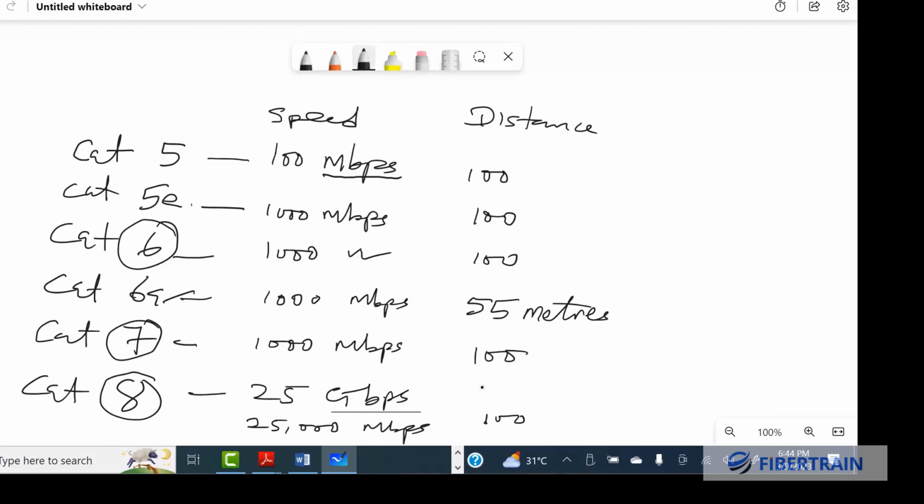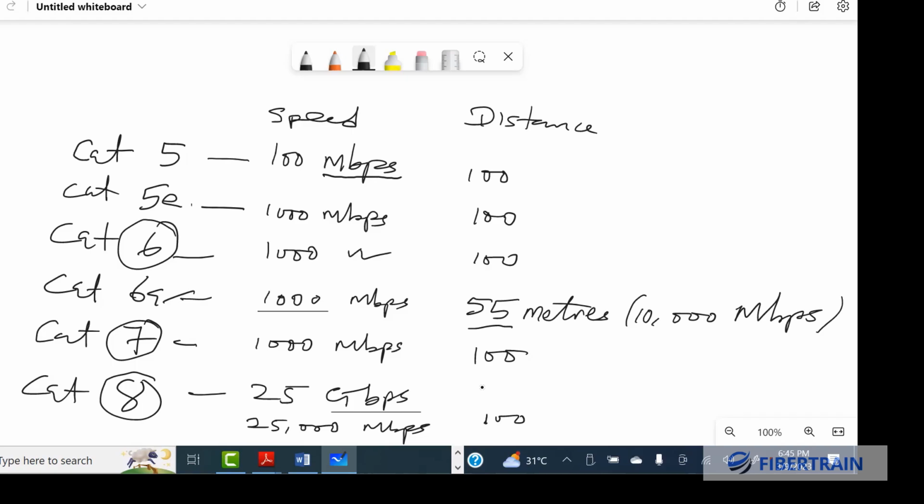Okay. So if I go into more detail about Cat6a, Cat6a optimized can actually go up to 10,000 megabits per second. That's the max, right? So at this 55 meters distance, it is already way above 1000 Mbps.